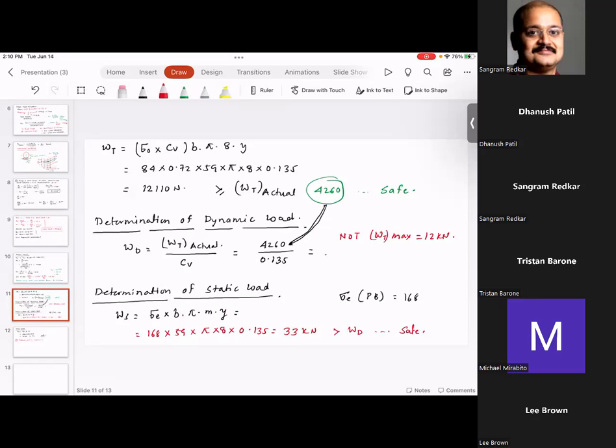And the next step is we need to find out the static load, and this static load is the maximum load that the wheel can sustain, which is 33 kilonewton, which is significantly higher than this dynamic load shown over here. And that is how we can actually find out the solution.